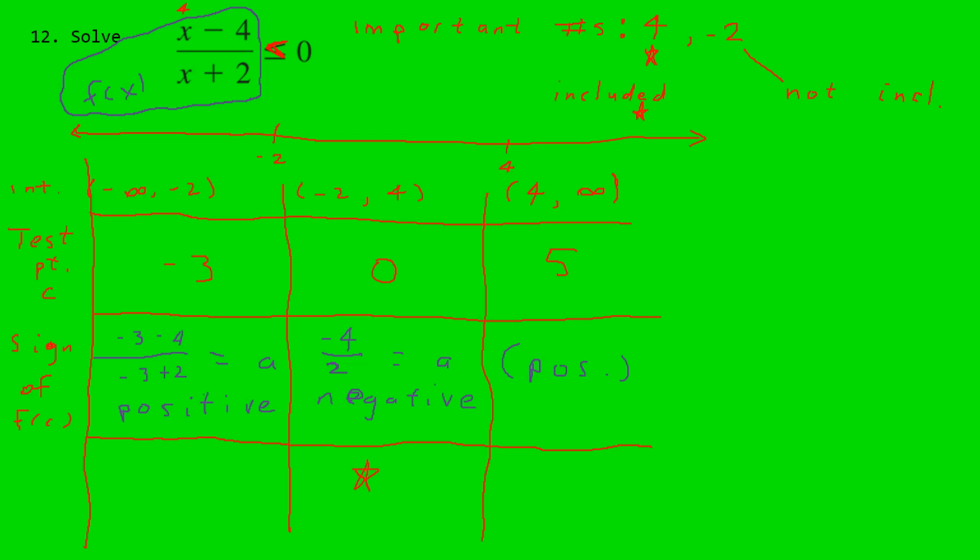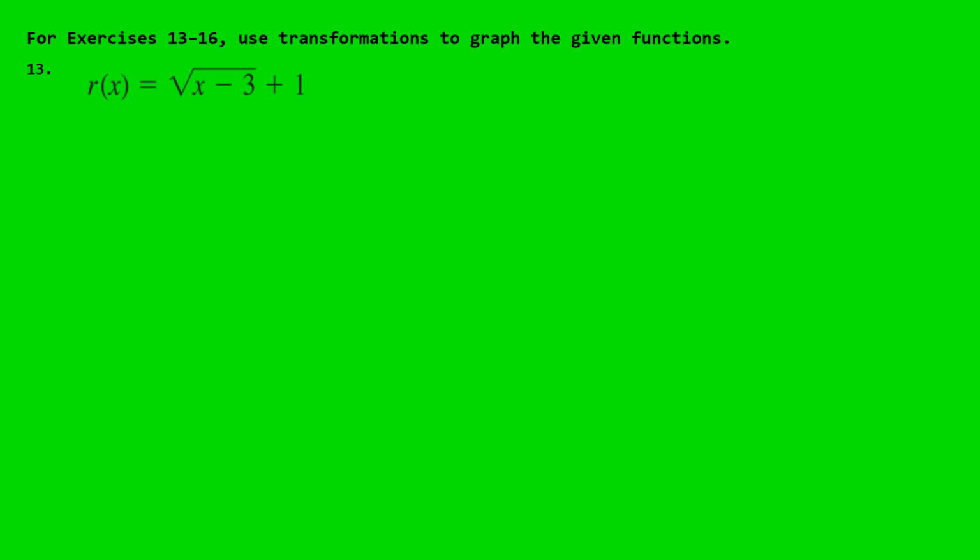So the negative, that's the winner. The other two are losers. And so -2 to 4. And remember that the 4 is included, but the -2 is not included. So the answer is that.